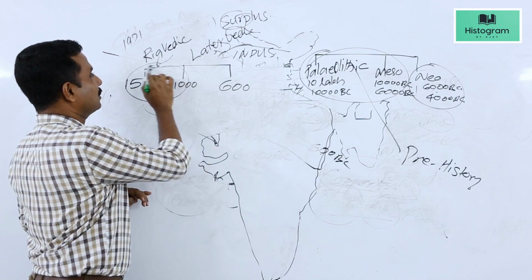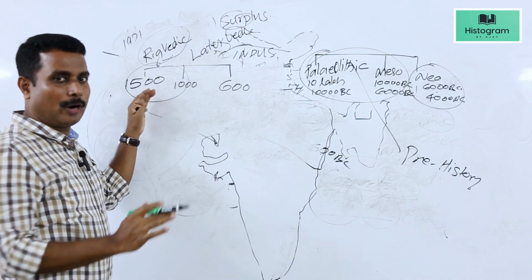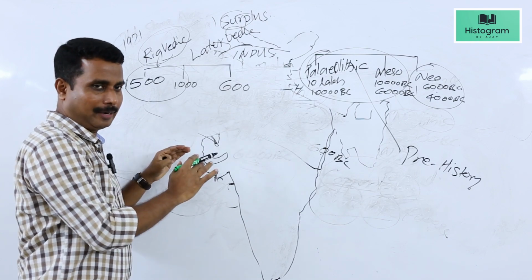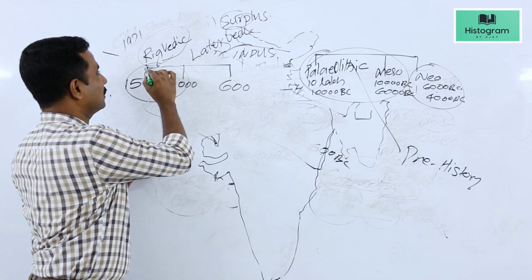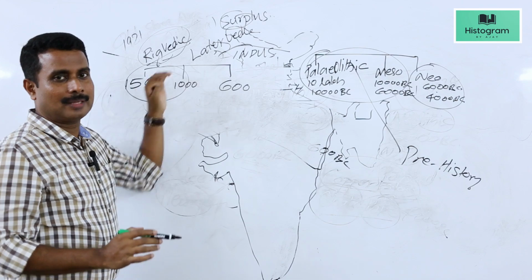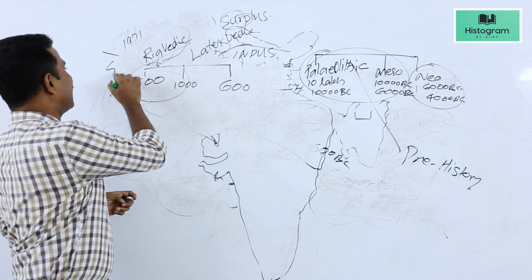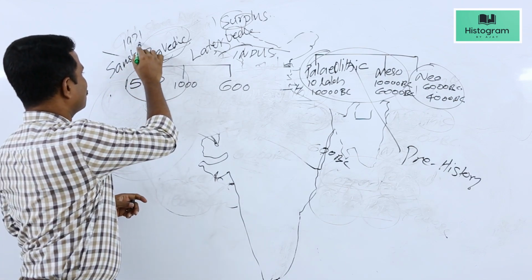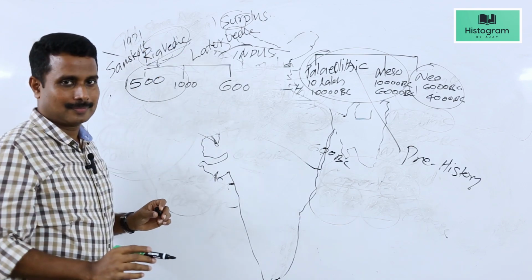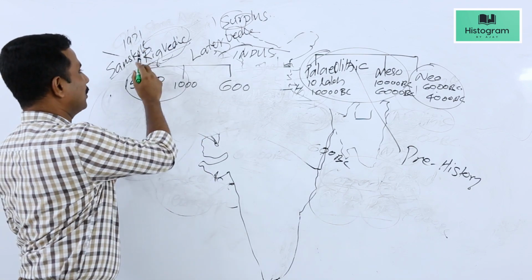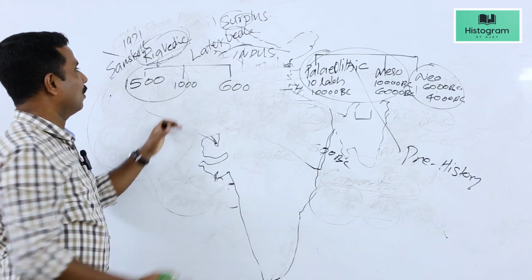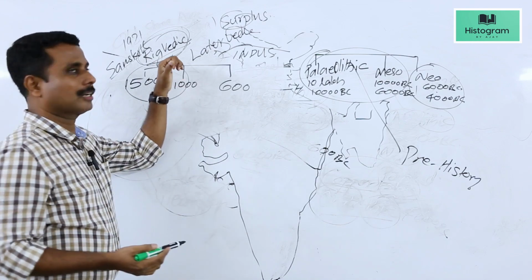Right? So the Aryans who reached India by 1500 BC composed the earliest book in India, that is the Rig Veda, in the Sanskrit language. Now we know the Sanskrit language, so we can read and understand what is described in the Rig Veda.